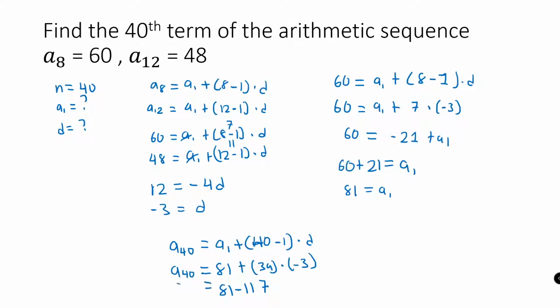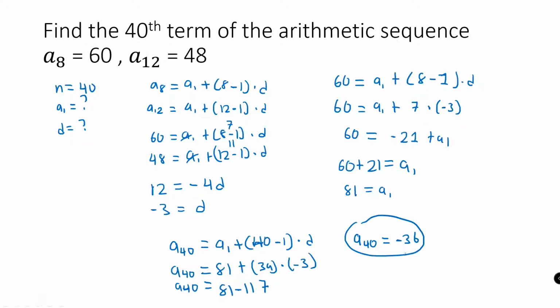It'll be equal to A40. So A40 will be negative 36. So now the 40th term of this arithmetic sequence will be negative 36.